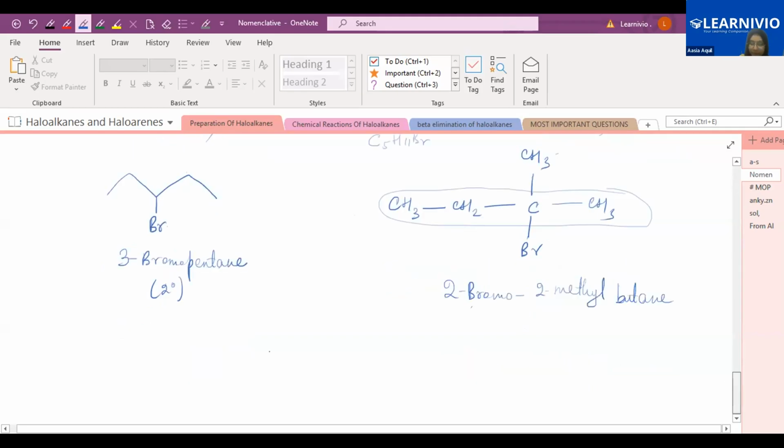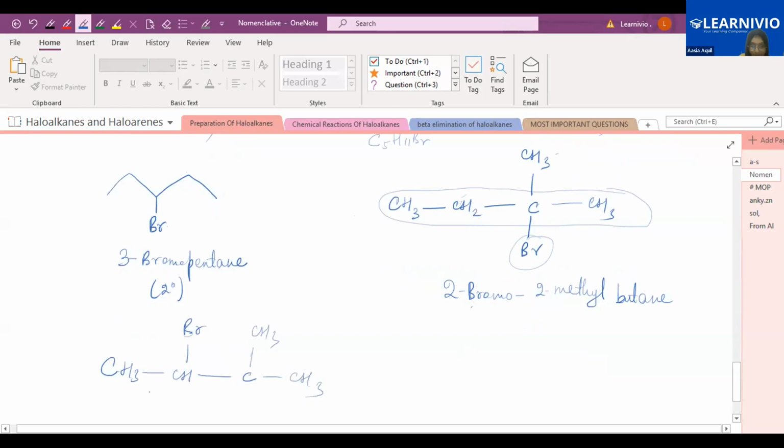Four isomeric forms. Now what we are supposed to do, just shift this bromine group here. So you will get another isomeric form. We have shifted this bromine over here. So this is another isomer.